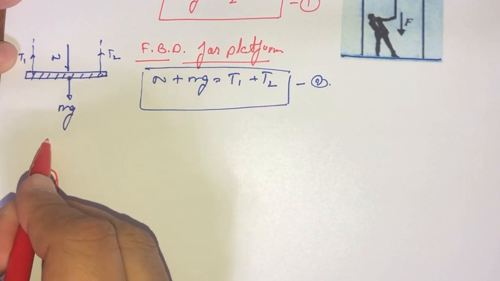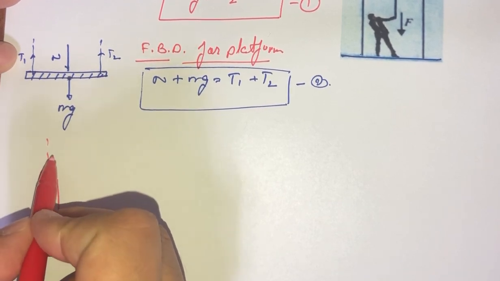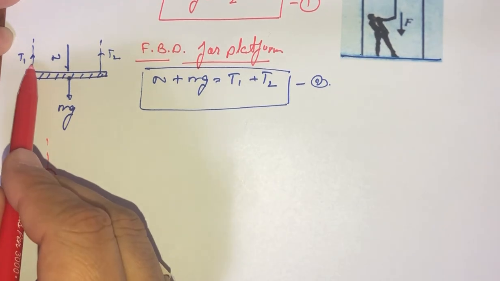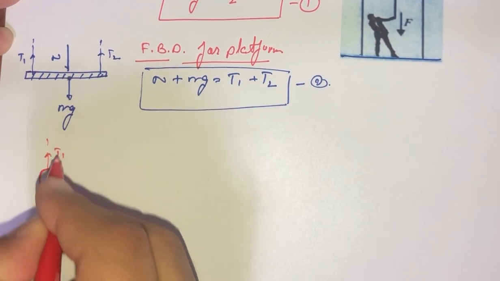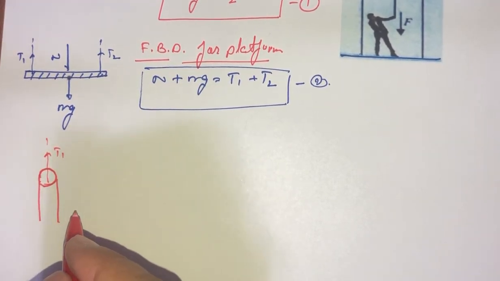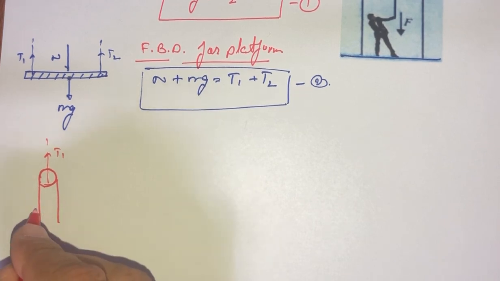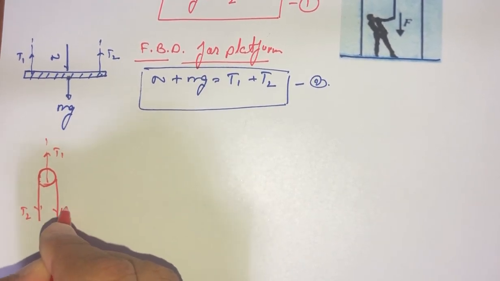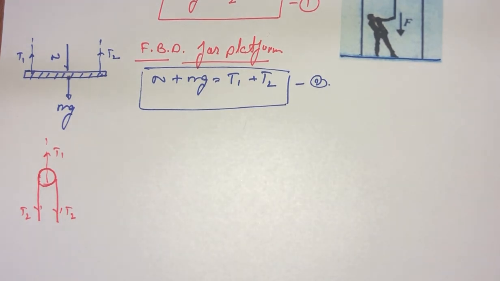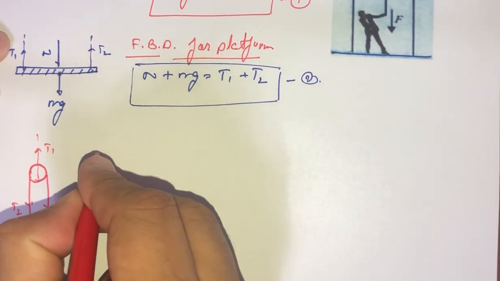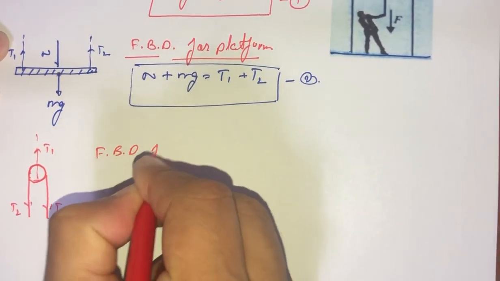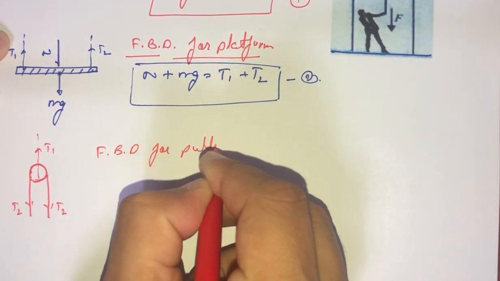Because it is the same string which is connected to the platform, this will be T1, and we have here T2 and T2, which are connected. One is pulled by the man and another one is connected to the platform. So this is the free body diagram for pulley 2.